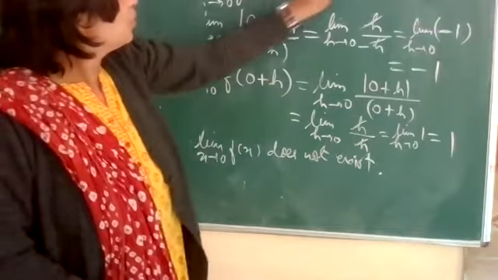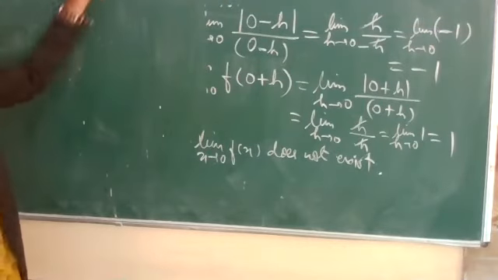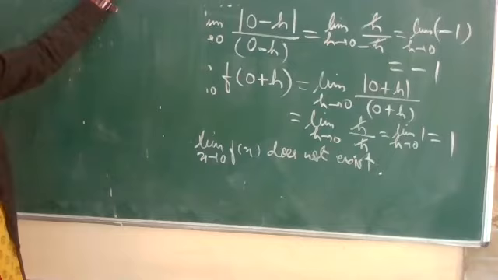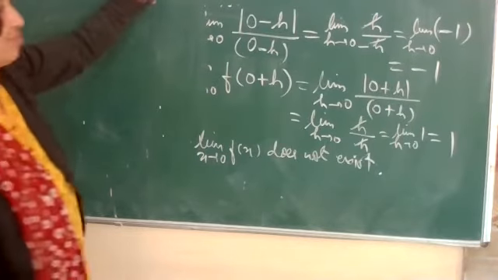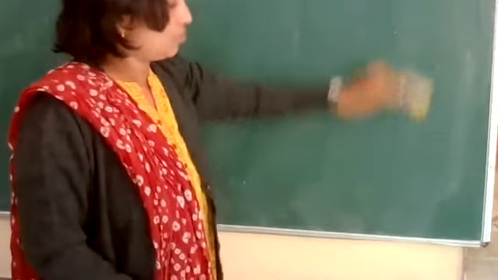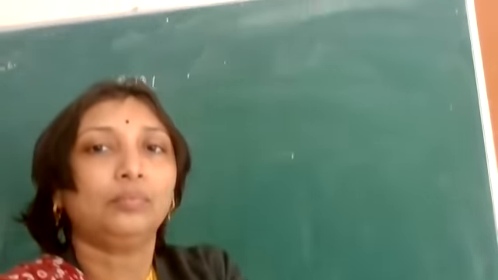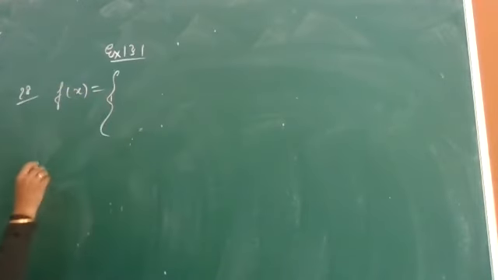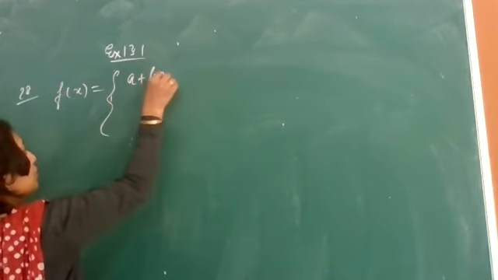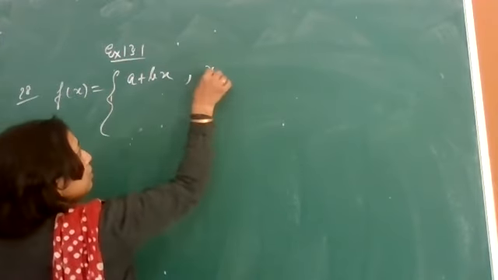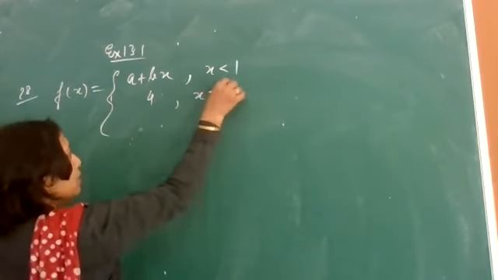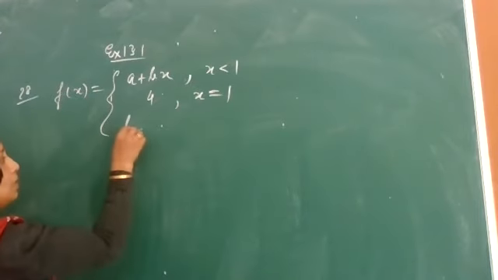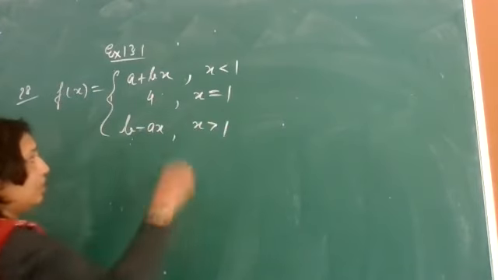Let's come to question number 28. Now the question is, a function is defined as a plus bx when x is less than 1, it is 4 when x is equal to 1, and it is b minus ax when x is greater than 1.